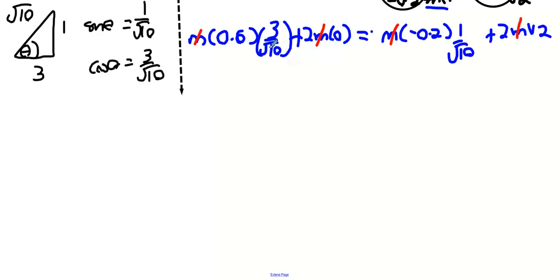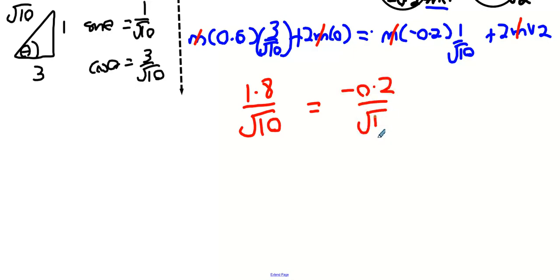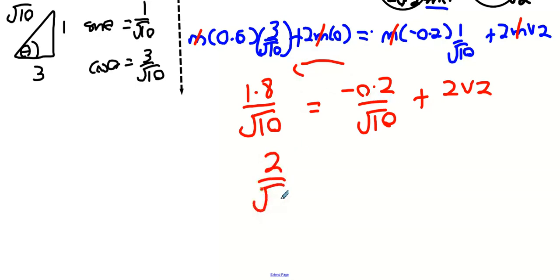Okay. What's 0.6 times 3? 1.8 over root 10, minus 0.2 over root 10, equals 2 phi 2. Now, 1.8 plus 0.2 is going to be what when I bring it over? And we get 2 over root 10 equals 2 phi 2.